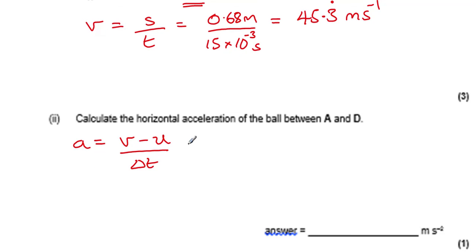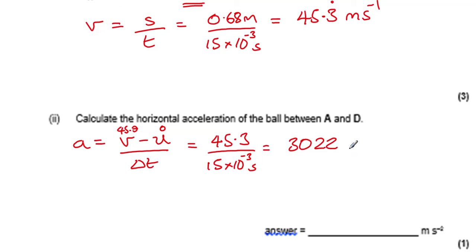So we get v minus u over delta t, call it 45.3, because u is 0, v is 45.3, so the change is 45.3. The time interval is the 15 times 10 to the minus 3 seconds again, and when you work that lot out, it comes to 3022 meters per second squared.